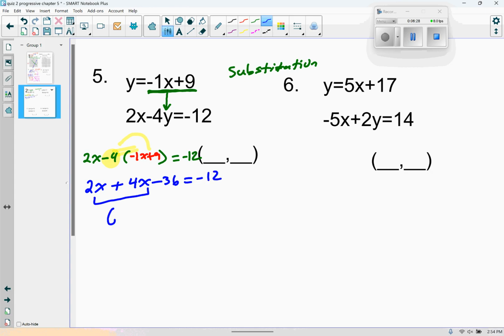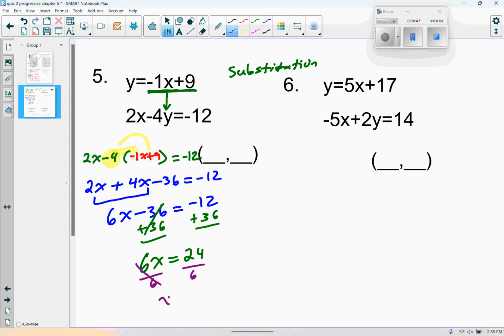These are like terms. Go ahead and add 36 to both sides. Those cancel. Divide both sides by 6. 24 divided by 6 is 4. x equals 4.